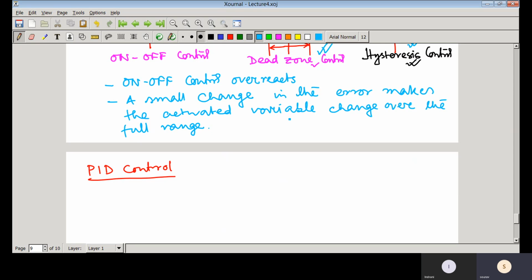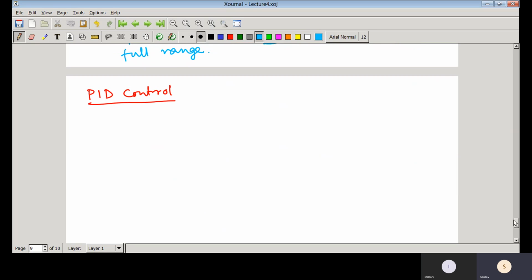That means if only a small error occurs in the closed loop control system, the control input becomes U max or U min. That means the overall changeover occurs. So it actually overreacts.